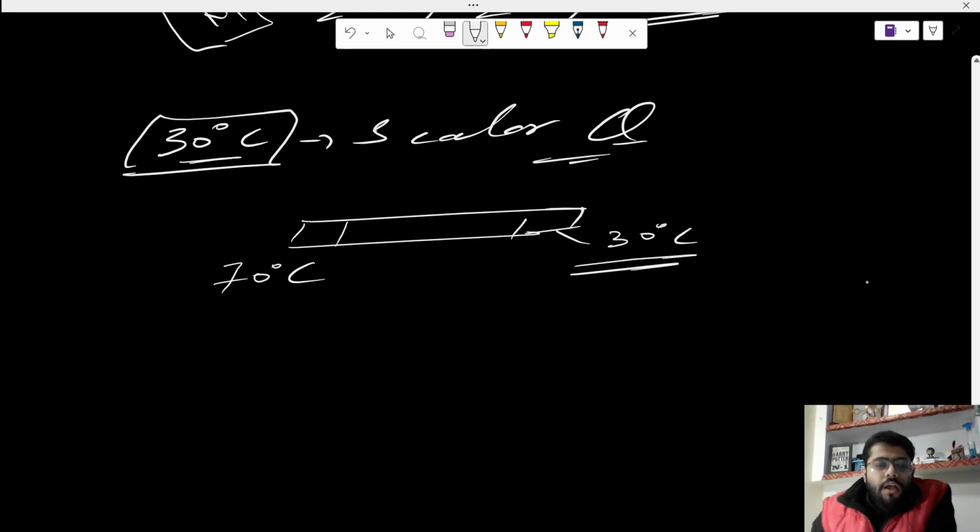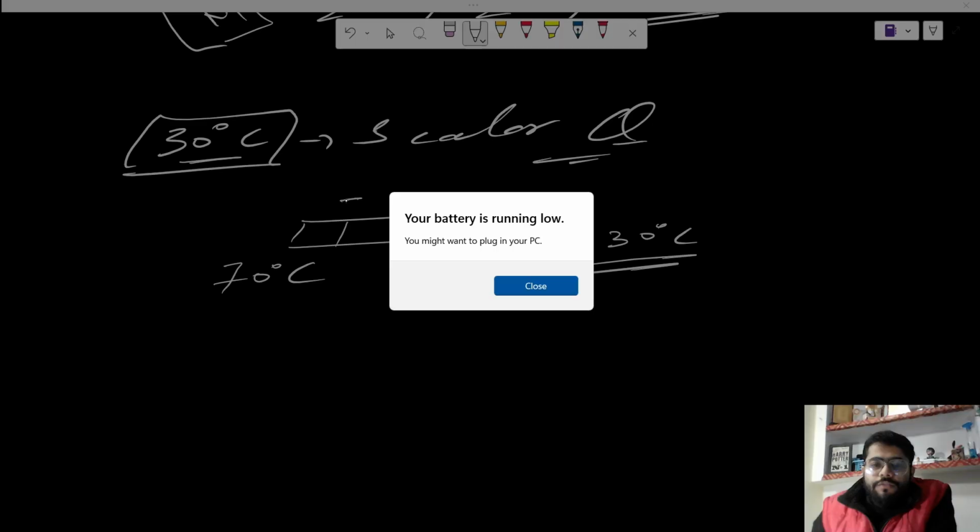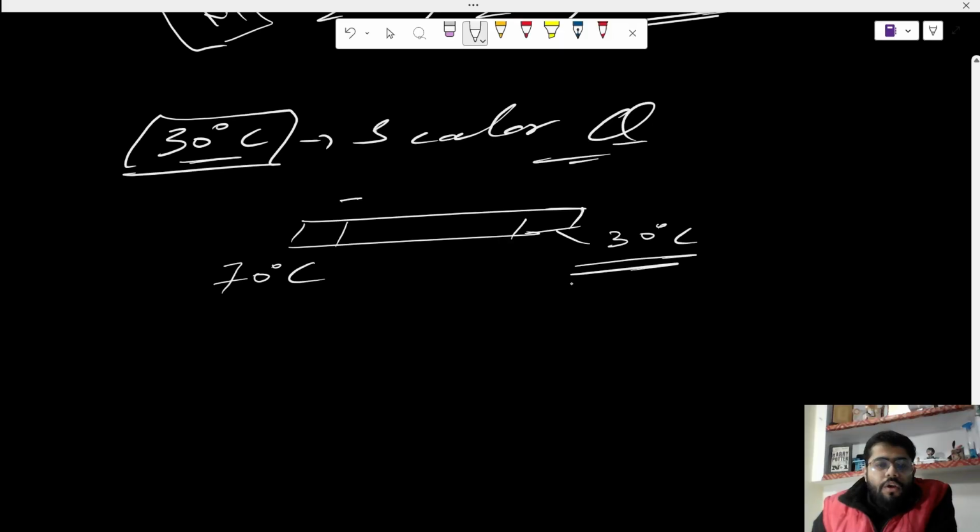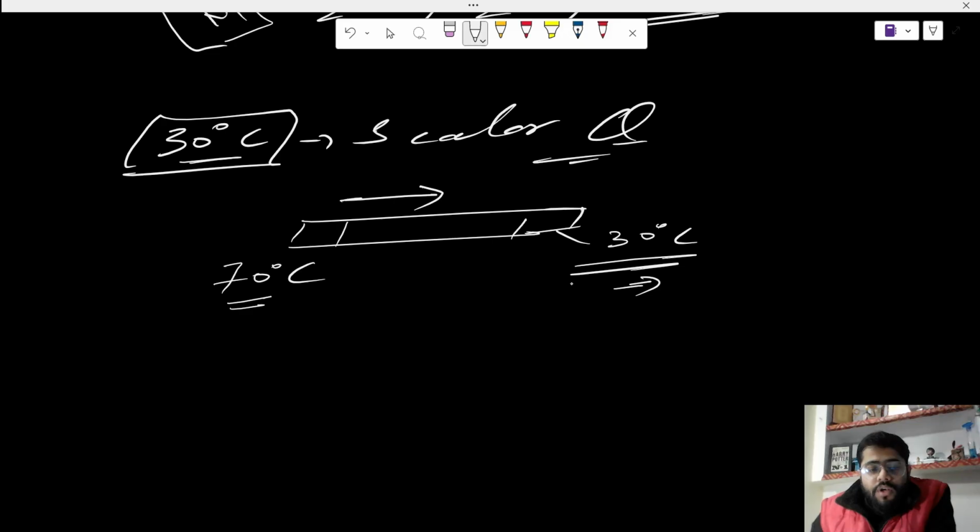Slowly, we are going to observe heat flux, which is the temperature gradient moving from 70 degrees centigrade to 30 degrees centigrade. This is a vector quantity. The temperature gradient, delta T, is a vector quantity because we can see the movement of temperature. But 30 degrees itself, the temperature itself, is not a vector quantity; it is a scalar quantity.